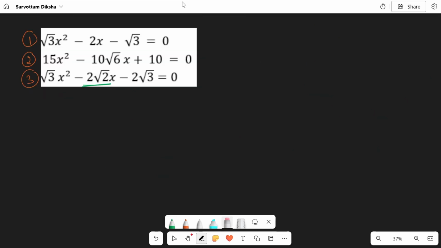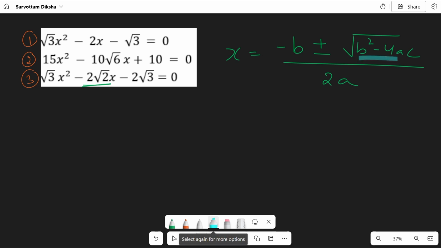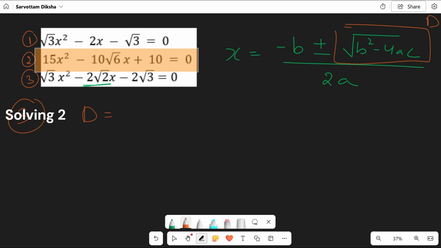Now let's do the same questions with the quadratic formula. We know my quadratic formula is given by minus b plus minus root of b square minus 4ac upon 2a. Here I will suggest you to find the discriminant separately rather than finding the full thing together. So this term is called the discriminant. We have just discussed it.